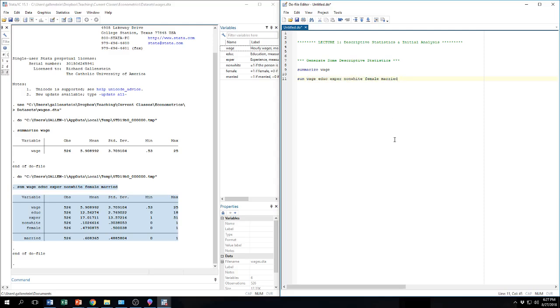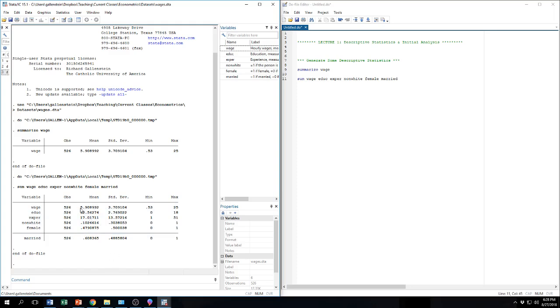So let's look at what our output looks like here. We have all 6 of our variables. We have 526 observations for all of the variables in our data set, and we have the means.